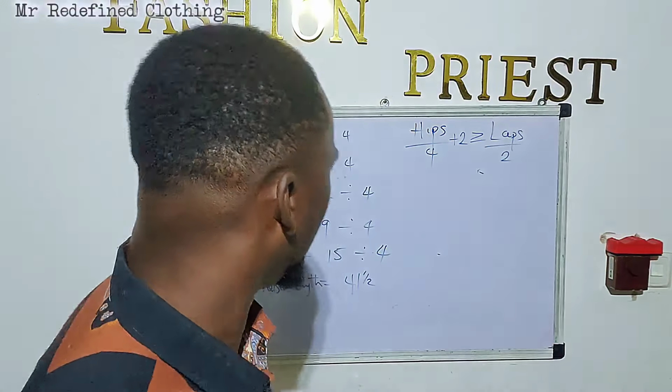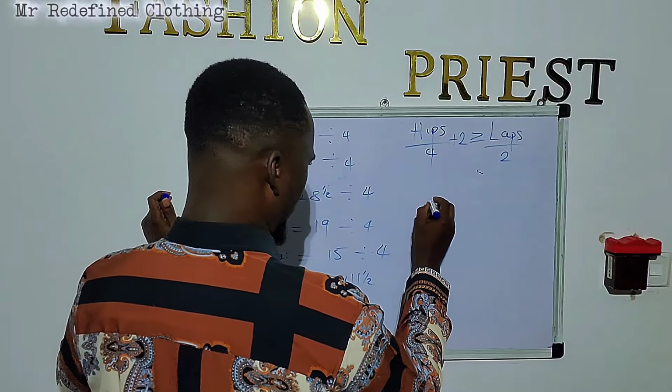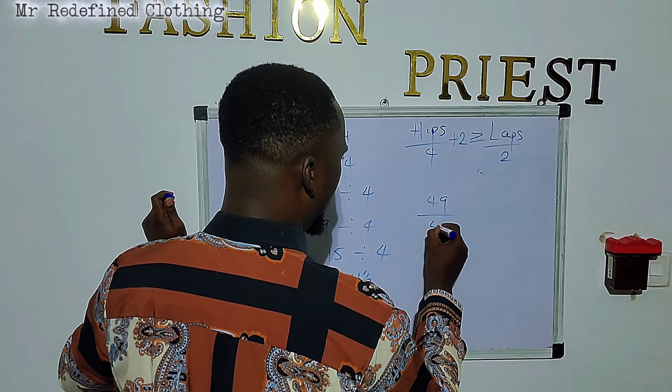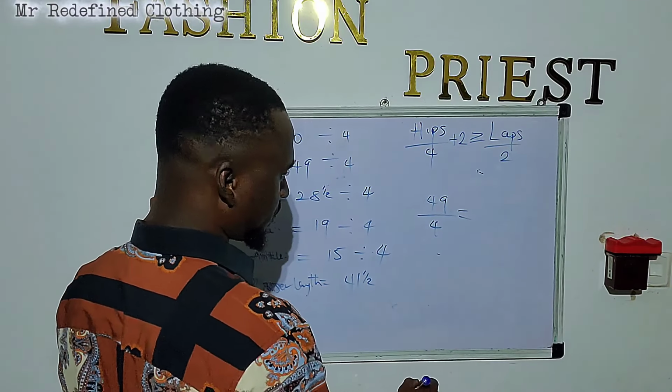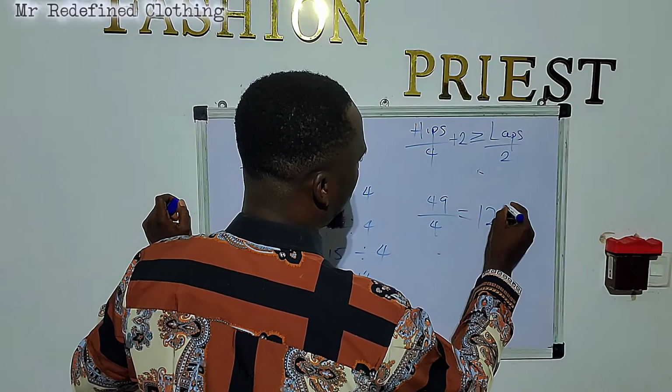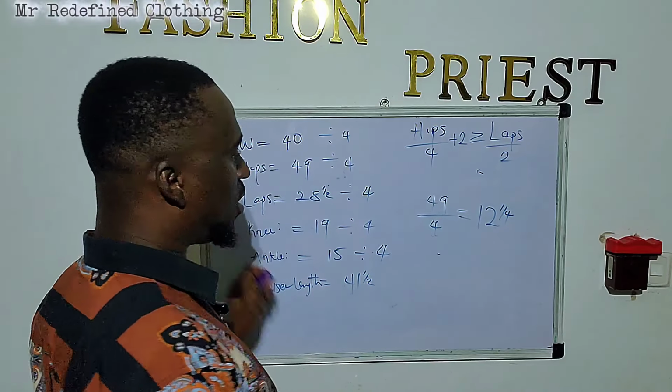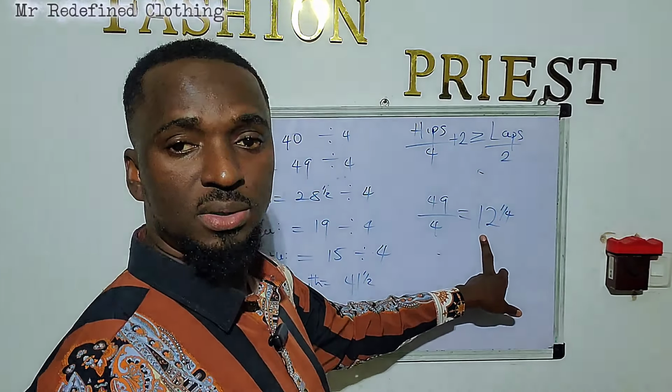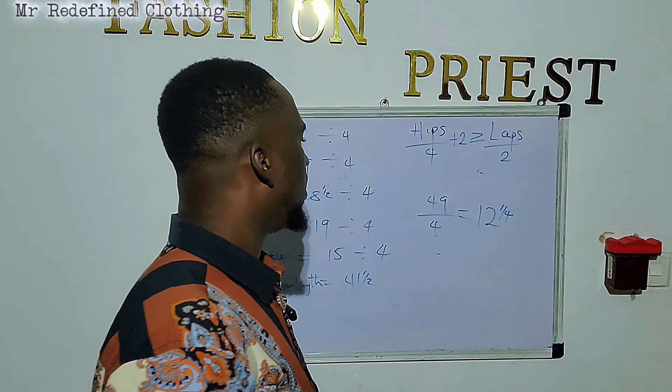So let's check if it's correct. The hip here is 49. Over 4 will give us 12 1/4, because 48 is 12, then 1/4 is 1.